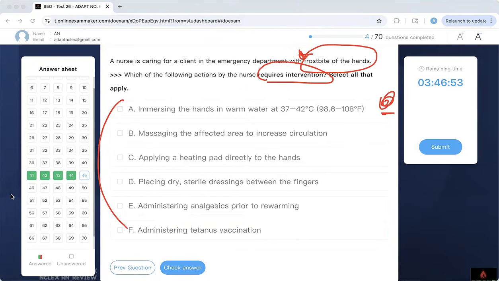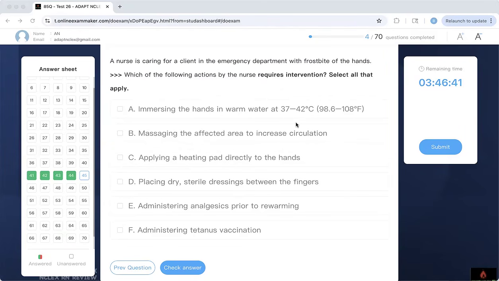What are your answers? What do you think? I know you picked the right answer, but I can tell you this temperature is the exact temperature you should rewarm at. It's very high, but that is how you take care of frostbite. Frostbite is where the individual's hand is exposed to low temperature, and then the tissue starts having issues.